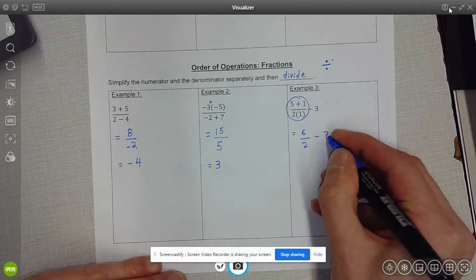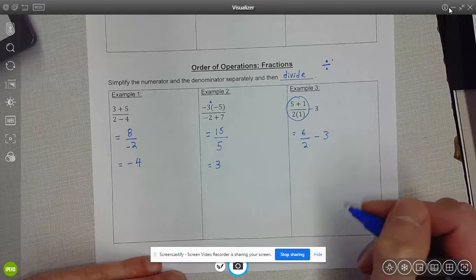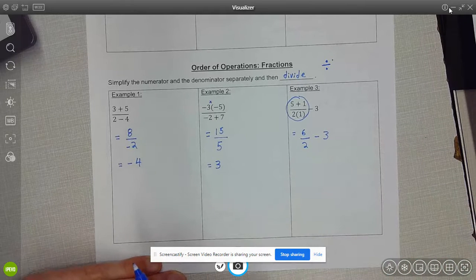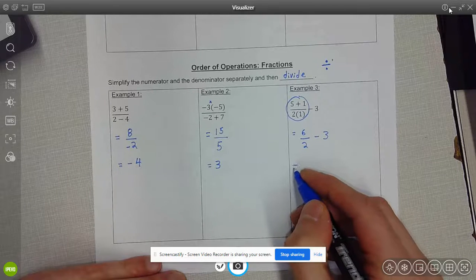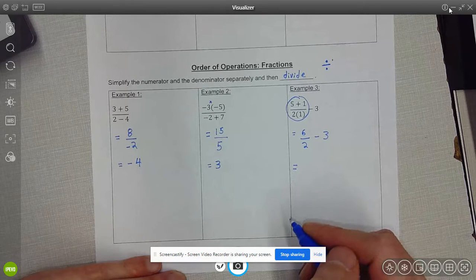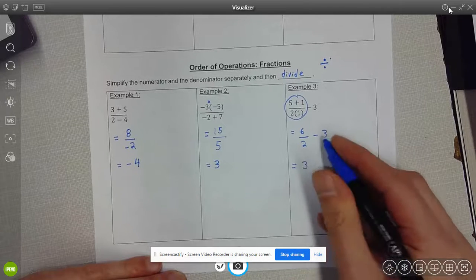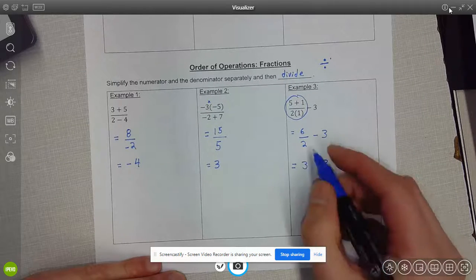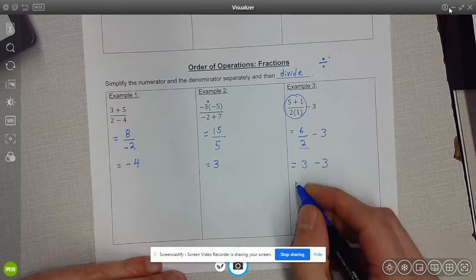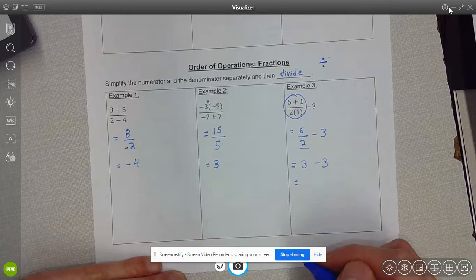So before I continue with my order of operations, I want to simplify my fractions just to one number. 6 divide 2 is 3. And I still have my minus 3 here on the right. What's 3 take away 3? If I have 3 apples and I give 3 apples away, I have 0 apples.